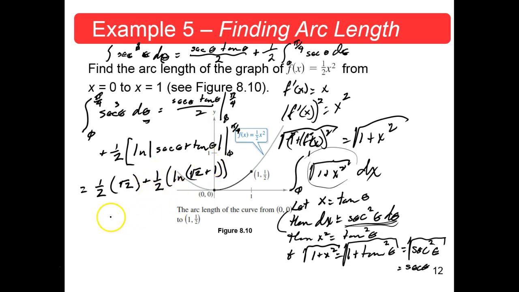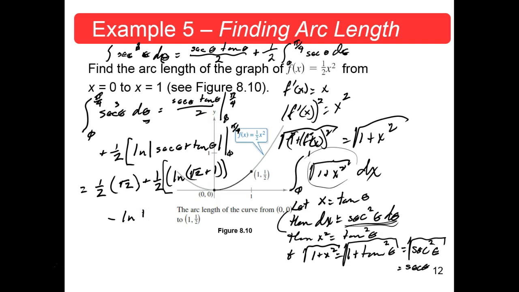And then we do the minus the log of, and this is all the 1/2 is in front of all this. Secant of 0 was 1, plus, and tangent of 0 is 0.